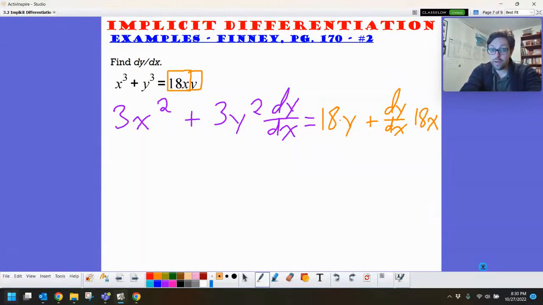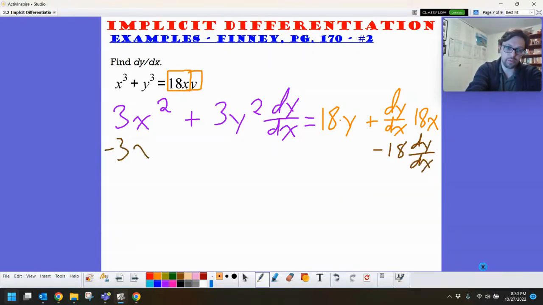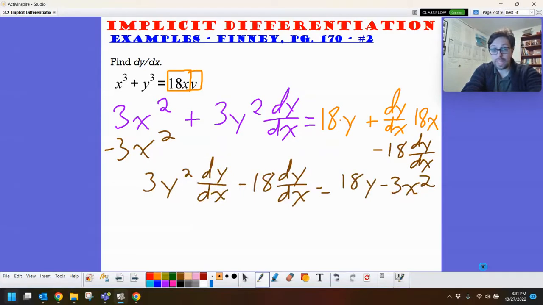What we need to do now is solve for that dy over dx. I'm going to subtract this 18 dy over dx, and then subtract this 3x squared. At this point, I can then factor out that dy over dx and then divide by the thing that's left over, that 3y squared minus 18.